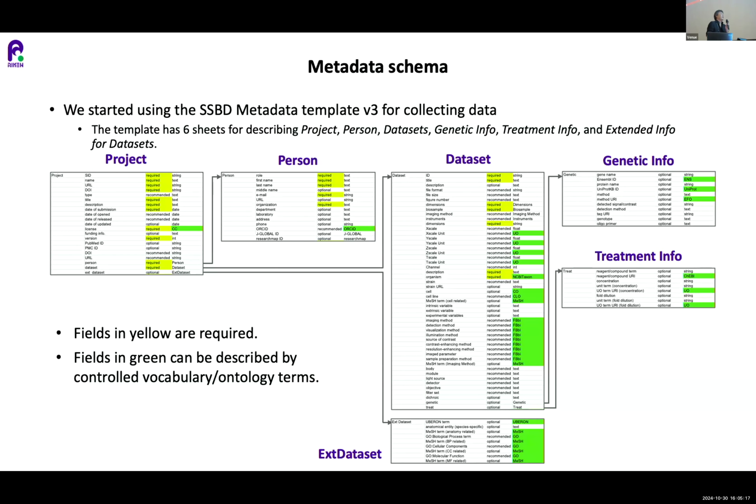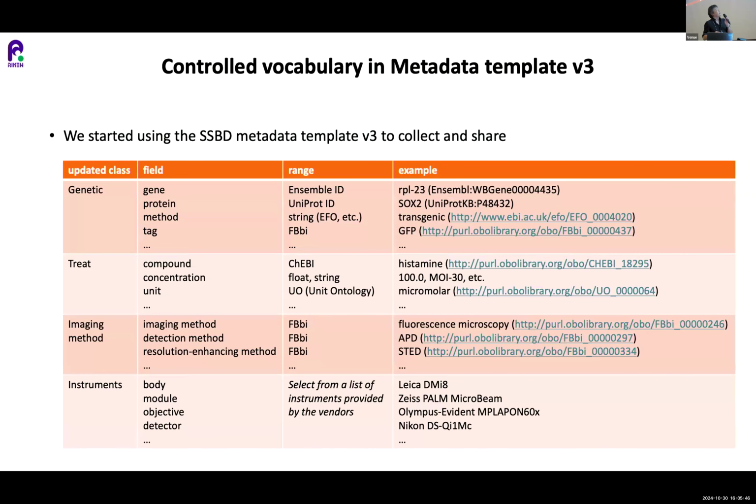We updated the metadata recently, and now we have this metadata set. Most of them are optional, but some of them, colored yellow, are required. The green color means we are using a controlled vocabulary to make it more interoperable with other databases. For example, this is the controlled vocabulary in our metadata.